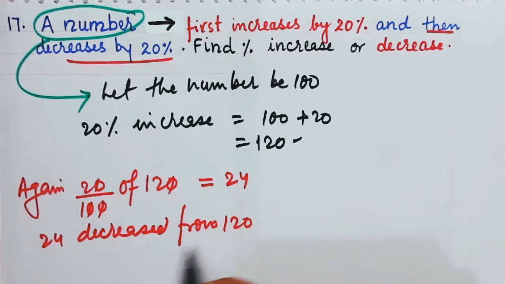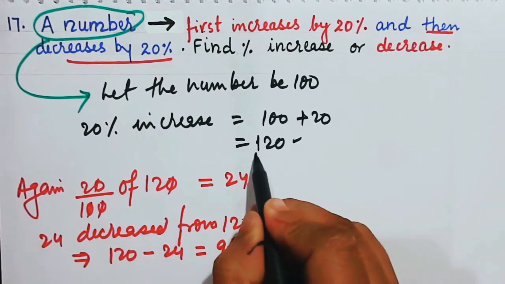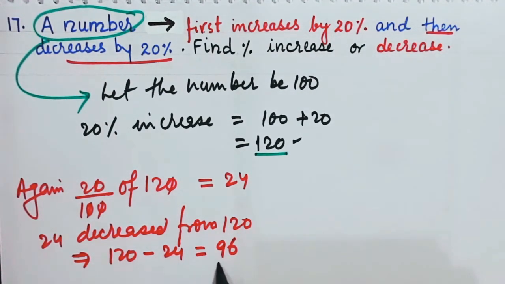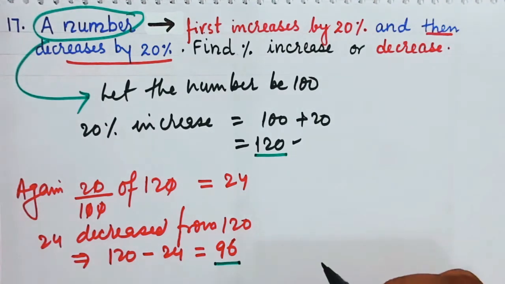So 24 decreased from 120 will give you 120 minus 24, which is equal to 96. Clear? Your first value was 120, and your second value was 96 after decreasing 20% from 120.